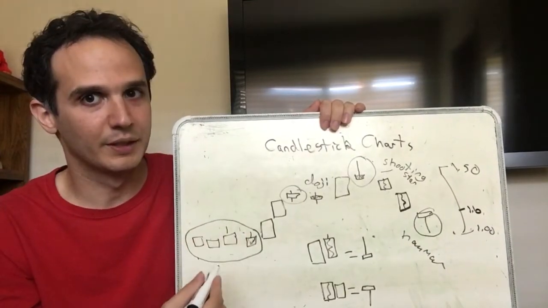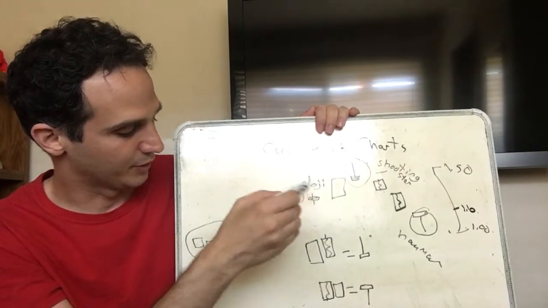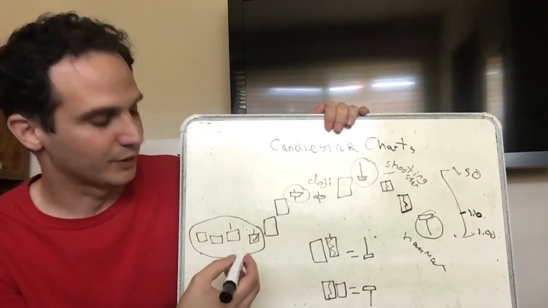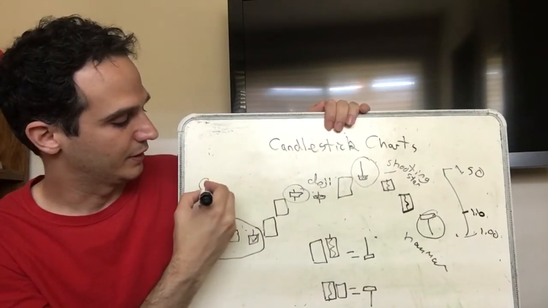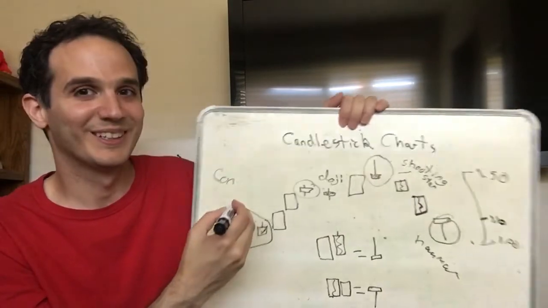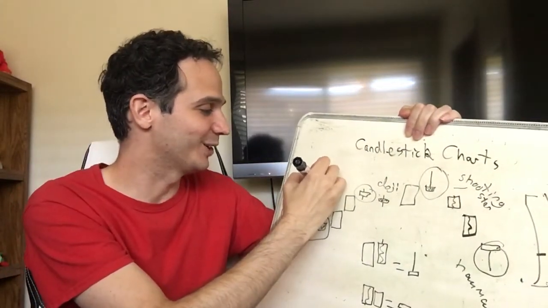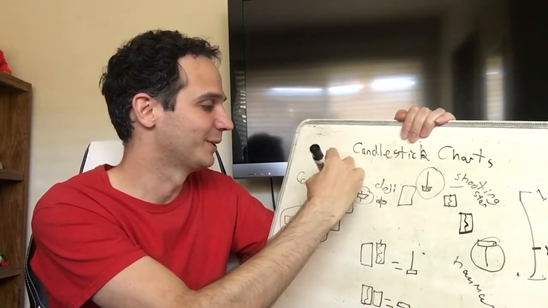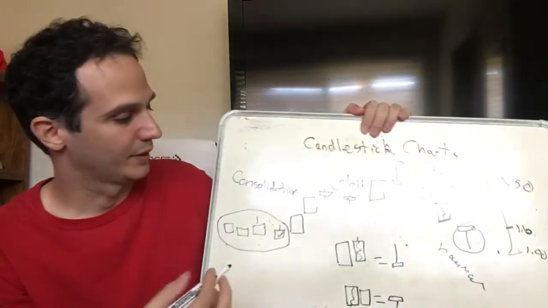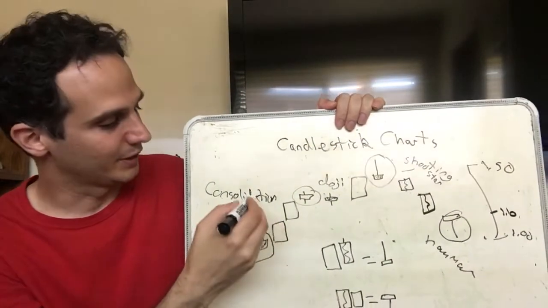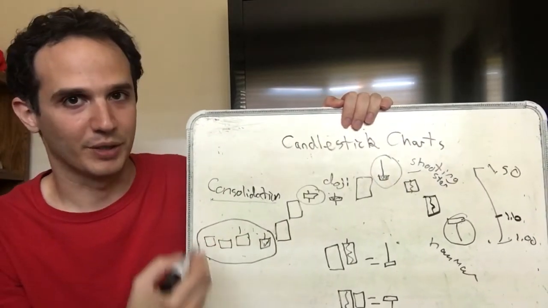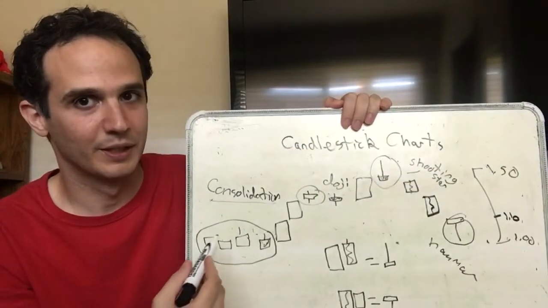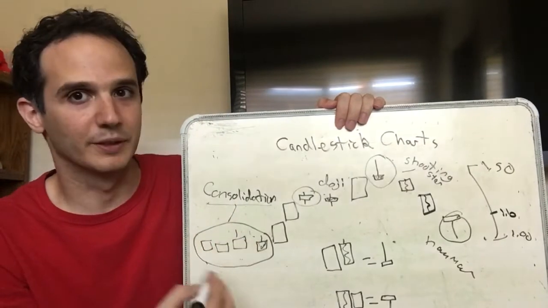When it might look like a bunch of dojis maybe, or that there isn't much price action going on, we call this, okay, I'm just going to move the board and write it. It's called consolidation. And so during consolidation, the price is kind of hanging around.